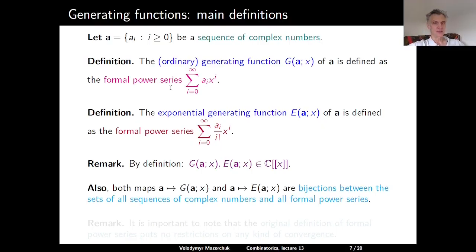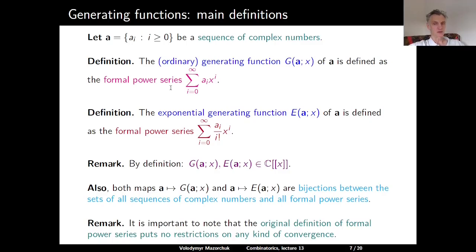Clearly the maps which take as input a sequence of complex numbers and which output the ordinary generating function for the sequence or the exponential generating function for the sequence, both these maps are bijections between the sets of all sequences and all formal power series.